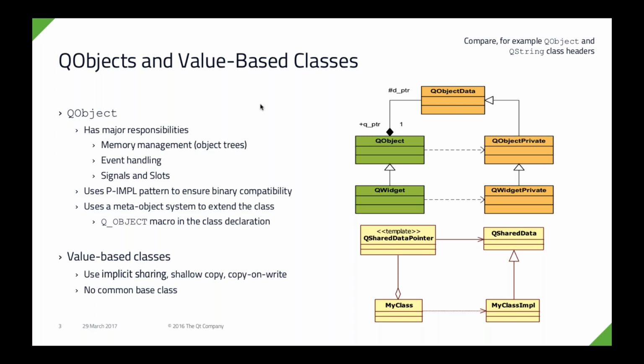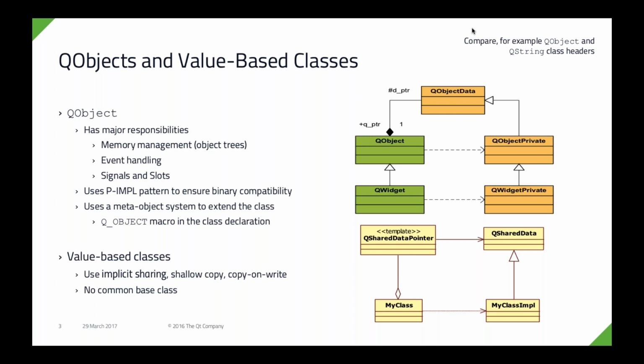The QObject is also responsible for event handling, and we have an event system which we'll look at later on. It also manages the signals and slots, which is an observer pattern available in the Qt framework. We also use the pimpl pattern. We pronounce that "pimple".